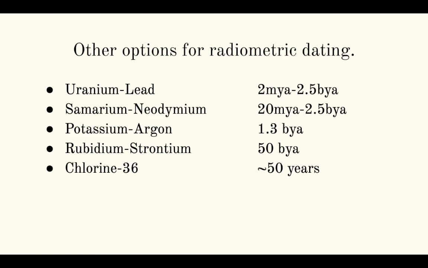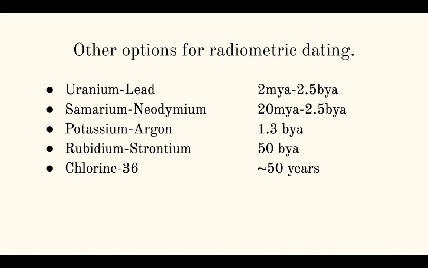So for the purposes of archaeology and cultural studies, it's not very applicable. Not only due to this large time frame, but also living tissues and things that we deal with on a normal basis don't usually have uranium in them.